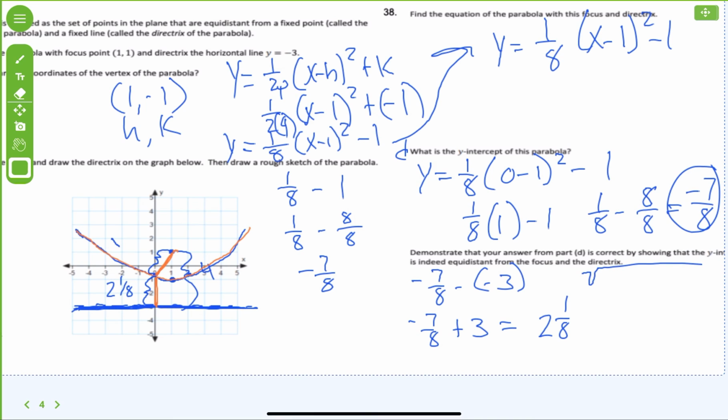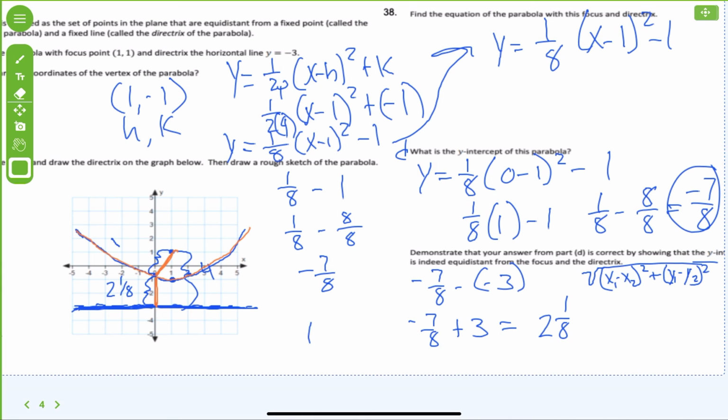The distance formula is the square root of (x1 minus x2) squared plus (y1 minus y2) squared. All right. So what are our 2 points?